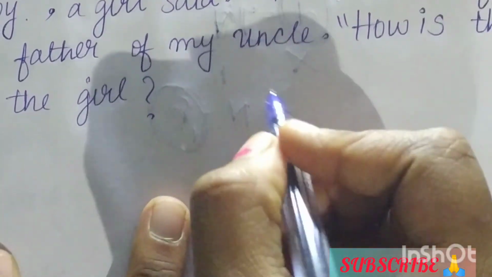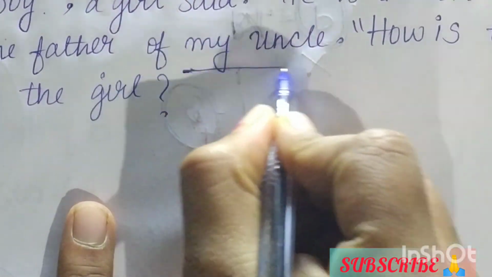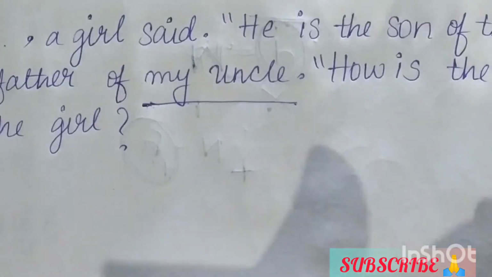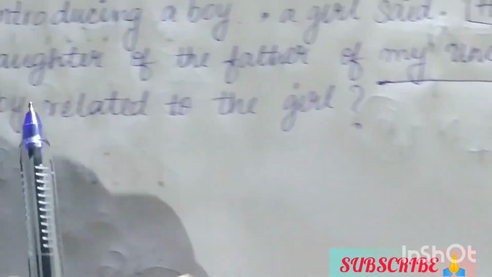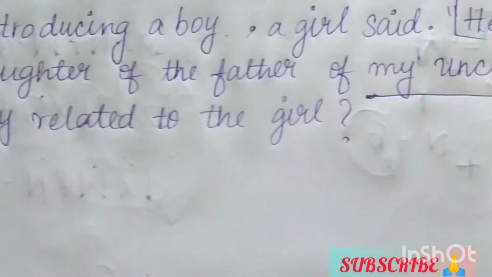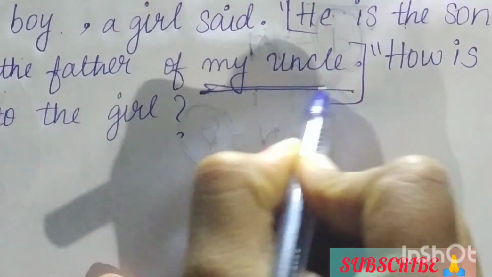What have they given? My uncle. The question will start from here. From here to here: he is the son of the daughter of the father of my uncle. So, my uncle.